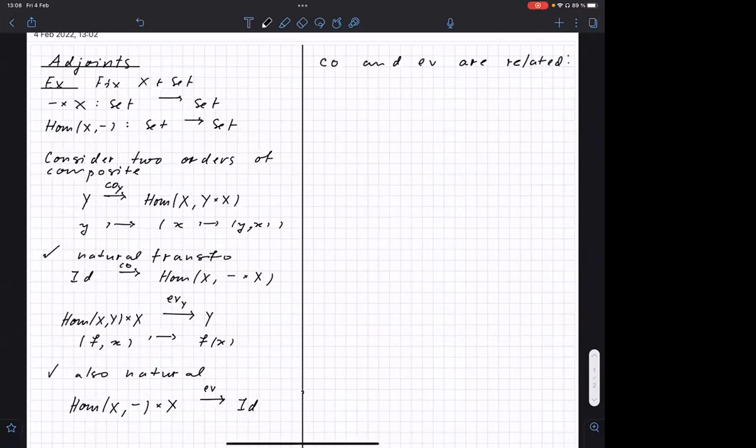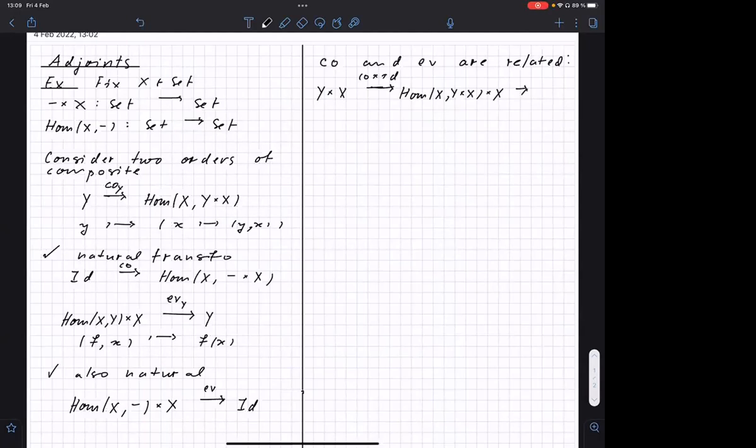So I take co and I cross it with X, co cross the identity on X, and I'll get a map into Hom(X, Y cross X), and then what can I do?